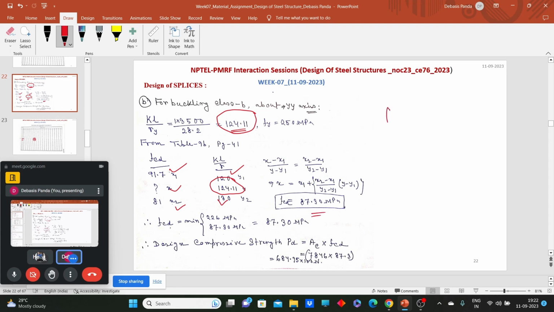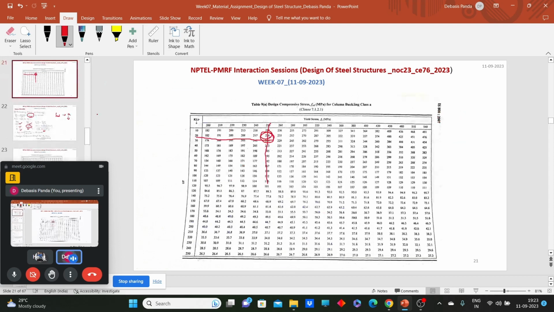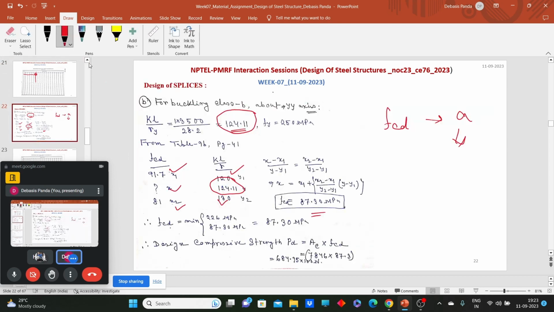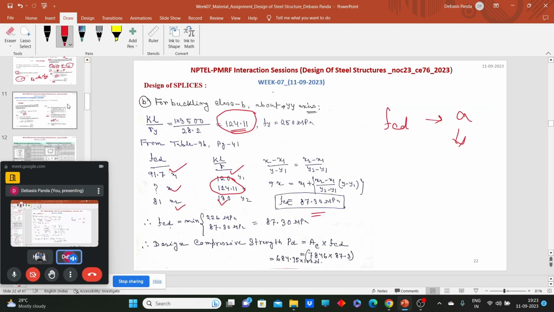So FCD for buckle class A, if you do the calculation the same way, or we can take the nearest value for the previous calculation.